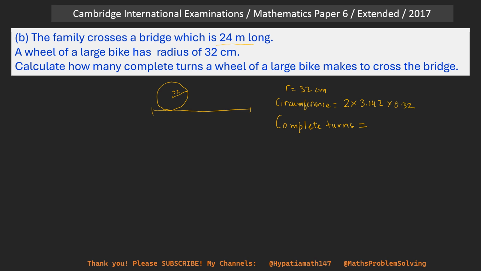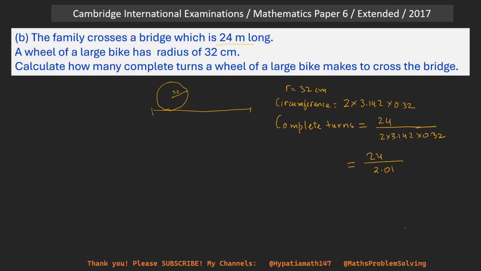So that would be 24 divided by 2 times 3.142 times 0.32. 2 multiplied by 3.142 multiplied by 0.32 is equal to 2.01.